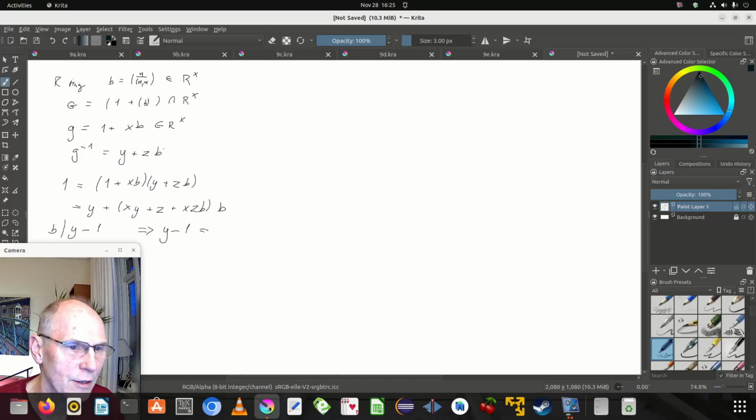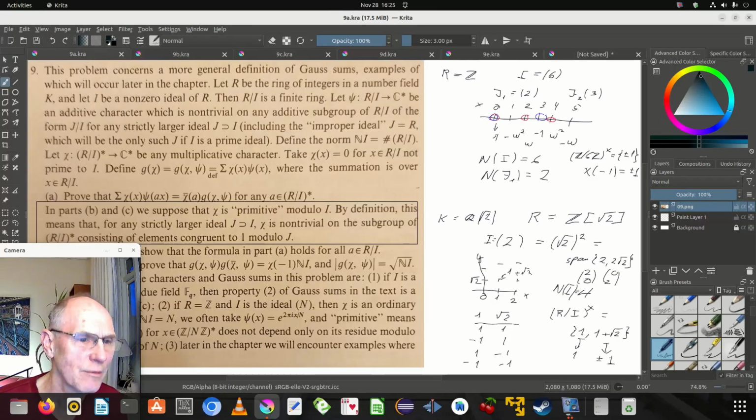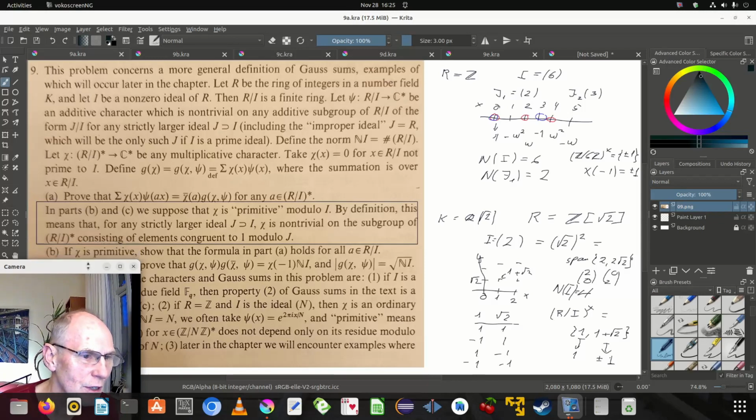It means that it's some element, v times b. So that means y equals 1 plus vb. So it lies in 1 plus the ideal. So it has the form we want. So I believe that this finally proves B.